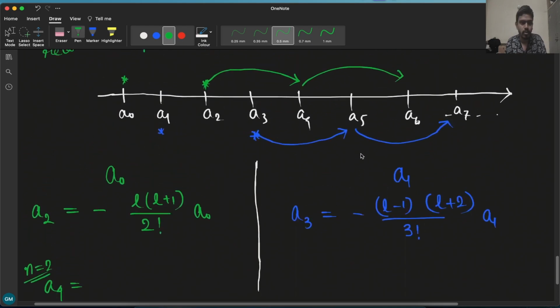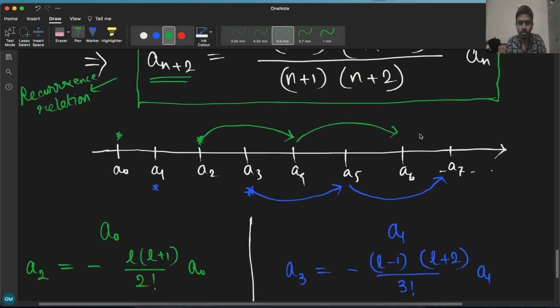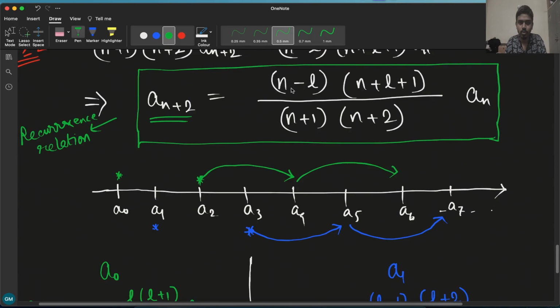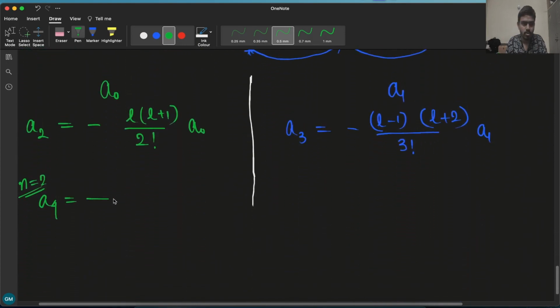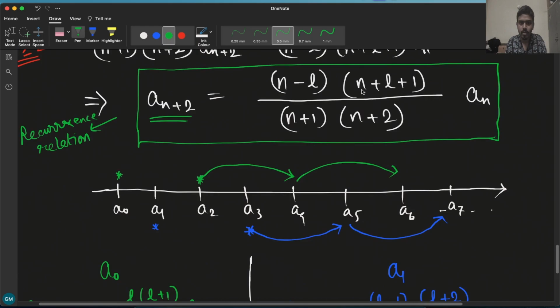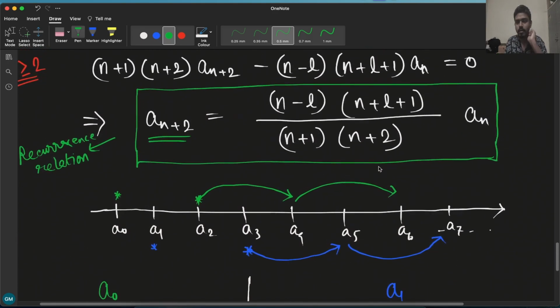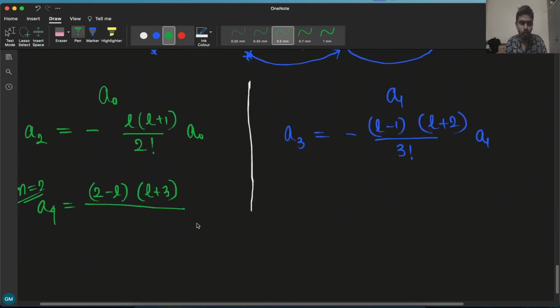So n equals to 2 means 2 minus L, then times 2 plus 1 plus L, that is L plus 3, times a n, that is a2.